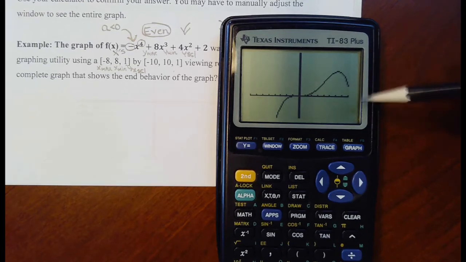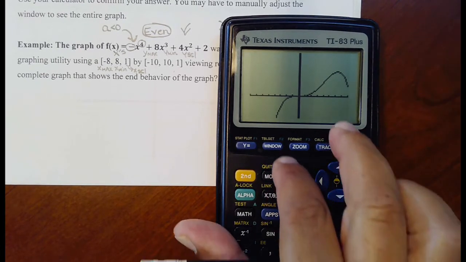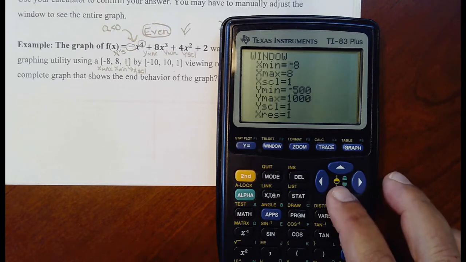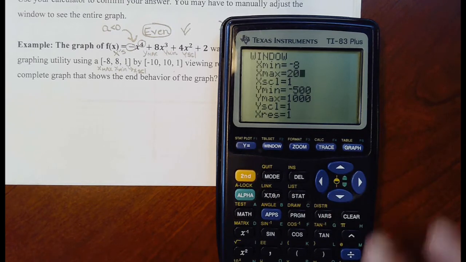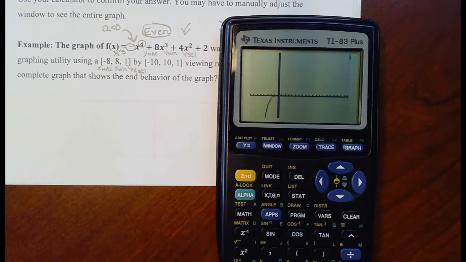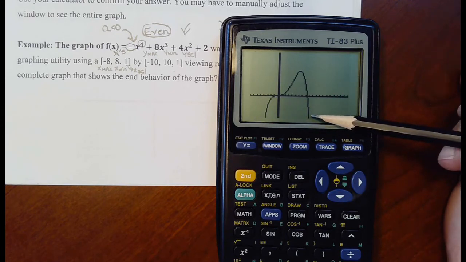So I didn't need quite that much x max, but I can now definitely see that both sides go down, and that's exactly what it should be doing. This was a polynomial of even degree with a negative leading coefficient. Therefore, both the left side and the right side should both be falling. And now we have a complete graph that verifies it, all because we're refining our skills of adjusting the window.